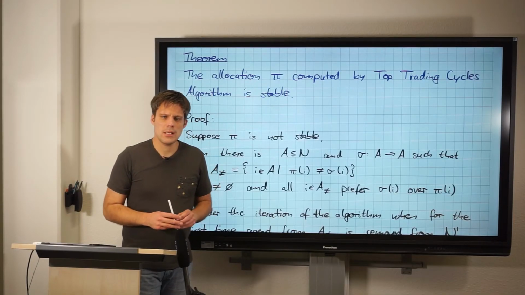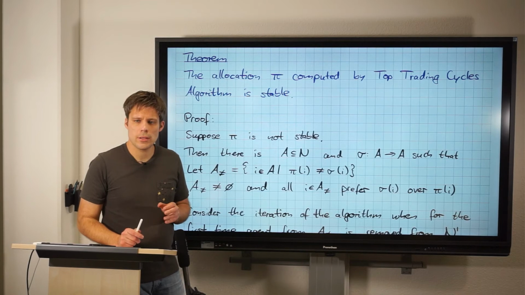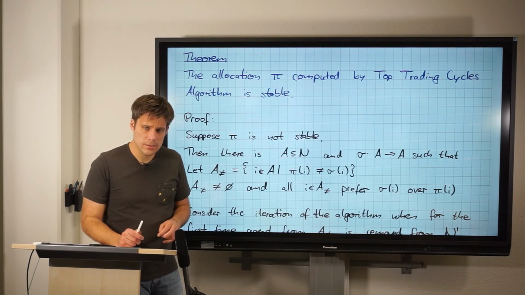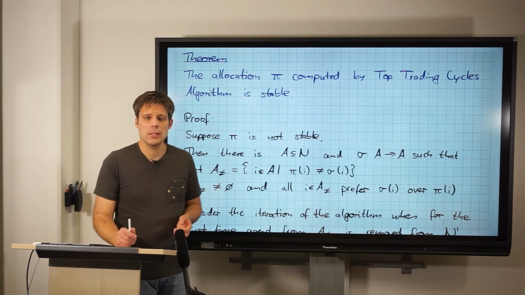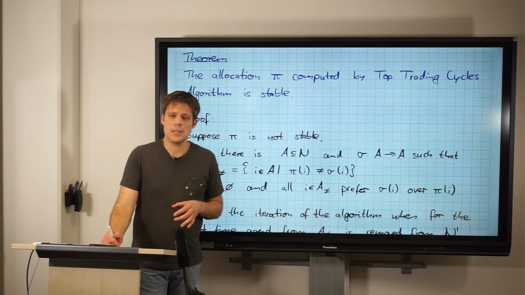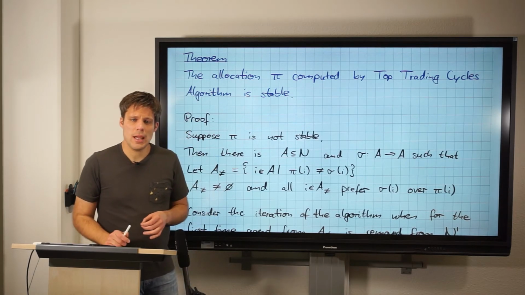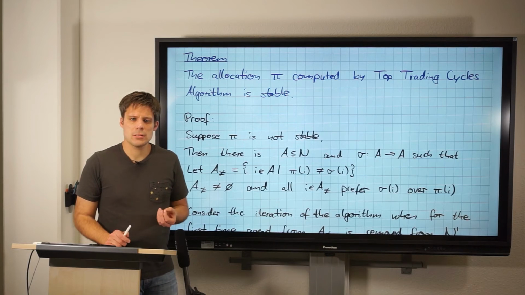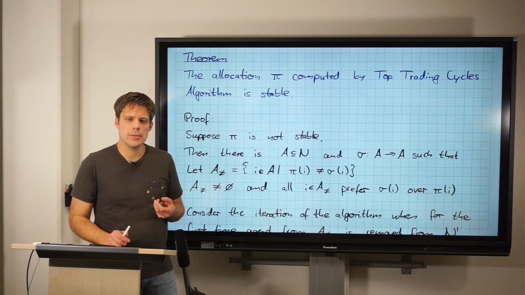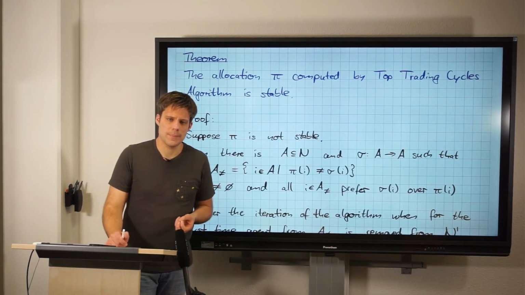So as we see, not only is there always a stable allocation, we are also able to find this via this very simple top trading cycles algorithm. Namely, we supposed that if the allocation was unstable, then at some point we didn't give one of the agents their most preferred house among all remaining houses, which would be a contradiction.